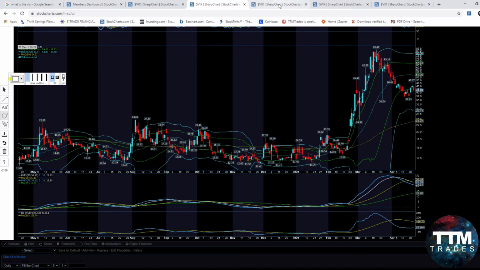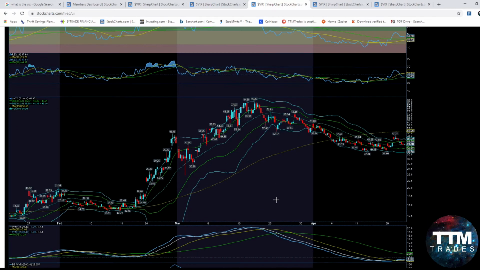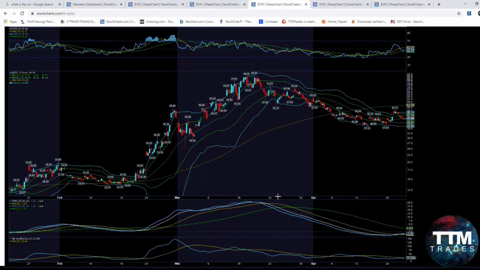Now, I said in one of my videos, probably two videos ago on the 2-hour chart, that the overall sentiment of the SPY is going to be bullish. I said that back in early April, when the VIX was trending down like this, showing that the overall market sentiment had changed, I would stay bullish as long as the VIX trended downward.